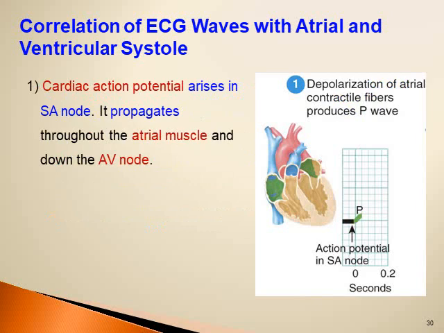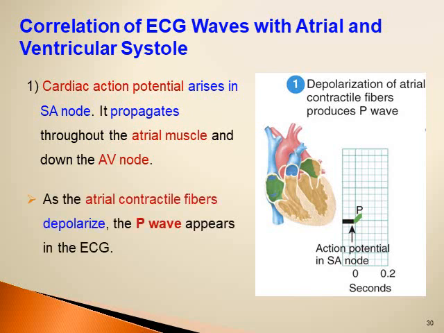So for the cardiac action potential, let's talk quickly about the different waves. Cardiac action potentials arise in the SA node, and then they propagate through the atrial muscle to reach the AV node. As the atrial contractile fibers depolarize, we can see the P wave on the ECG.